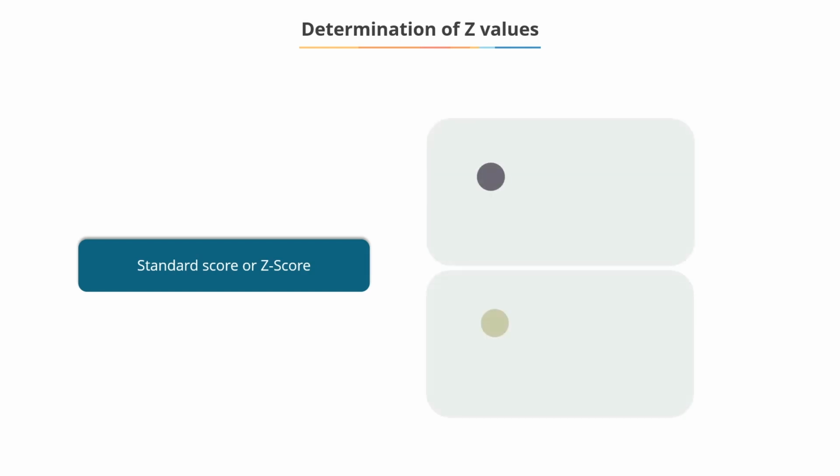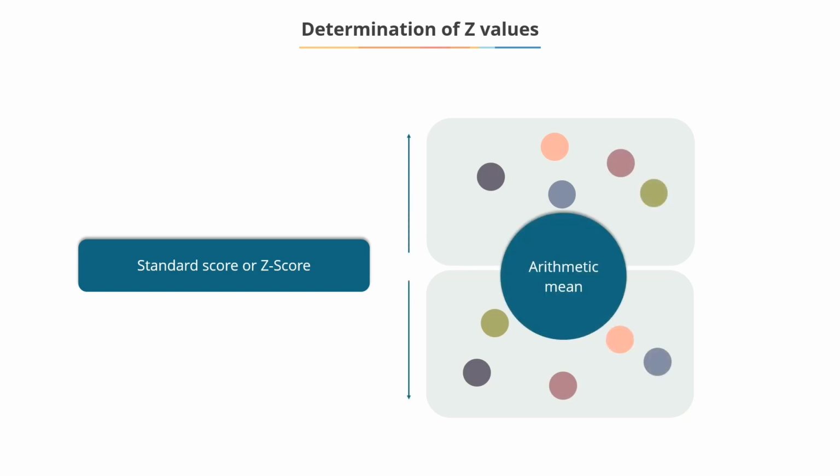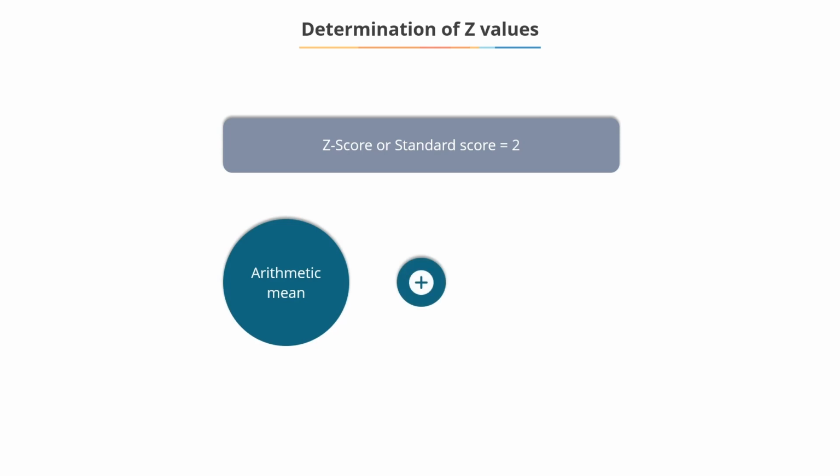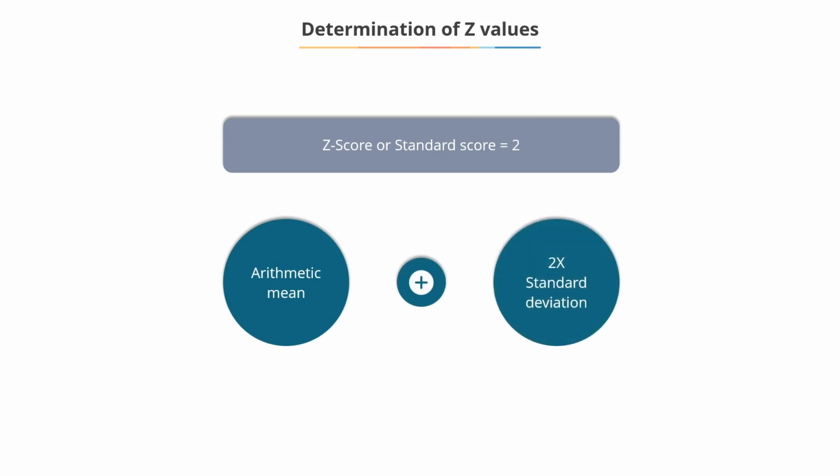As discussed in theory, the standard score or z-score of a value in a data set, briefly stated as z-value, is the number of standard deviations by which that value is above or below its arithmetic mean. A z-value of 2, for example, indicates that the value in the data set exceeds the arithmetic mean by 2 times the standard deviation.